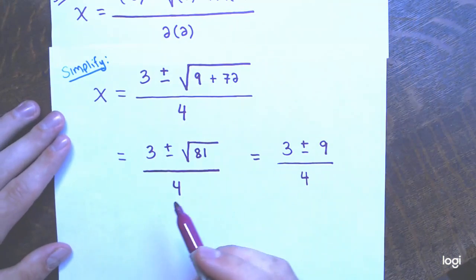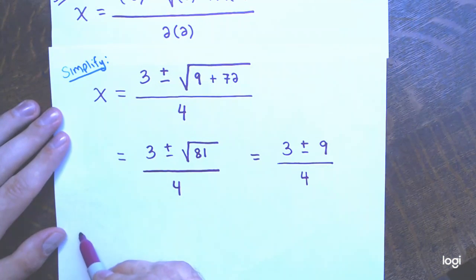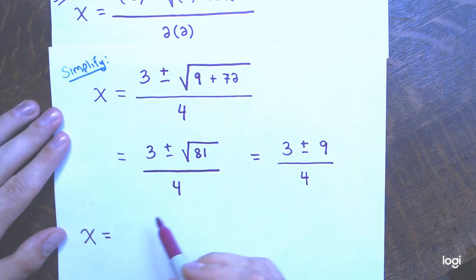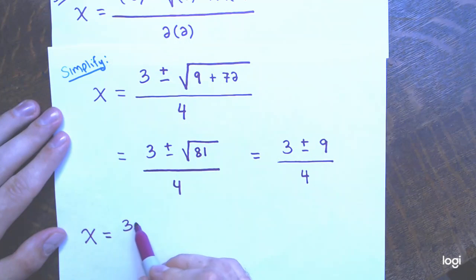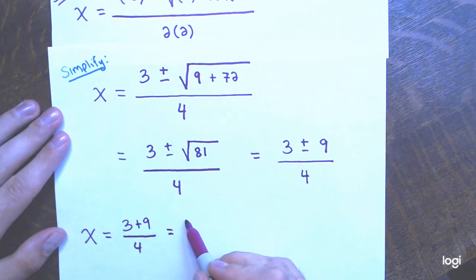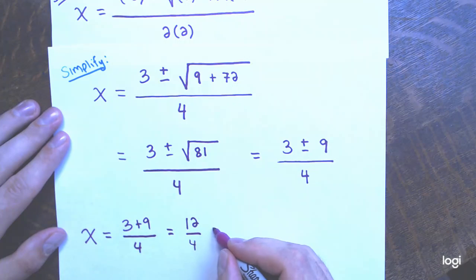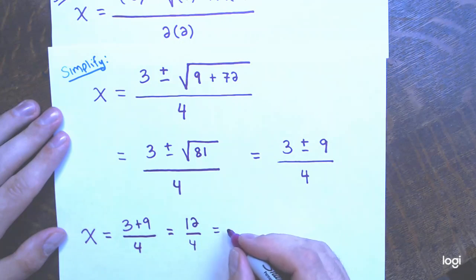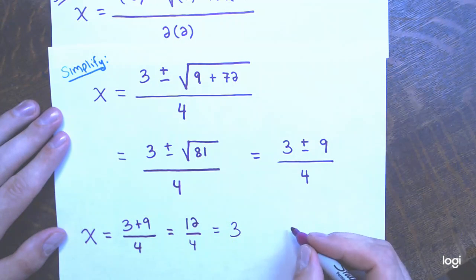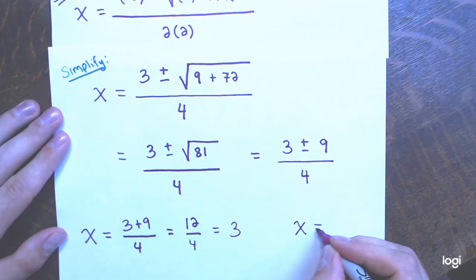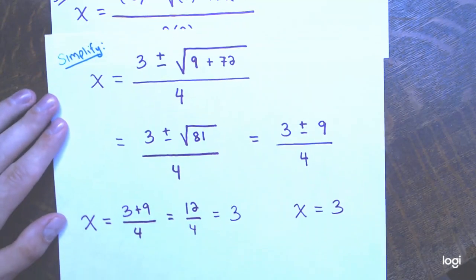So yeah, like I said, I like to split them up eventually. So one solution is x equals 3 plus 9, and then divided by 4. Well, that's just 12, 3 plus 9, in the numerator, divided by 4, and simplify the fraction there. 4 goes into 12 3 times. So one possible solution is x equals 3.